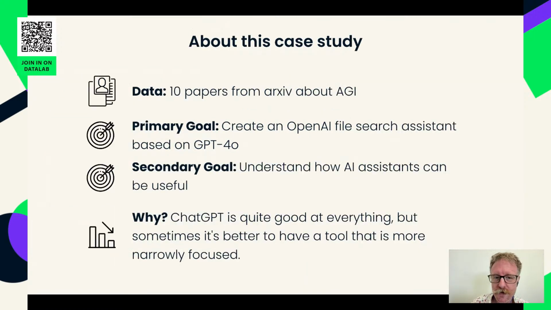All right, so what are we doing today? I found 10 recent papers on the arXiv free journal paper forum about artificial general intelligence. Artificial general intelligence is the idea that you have AI that is as good as or better than humans at doing tasks, but because it's general, it's about doing all tasks. We have AI that is better than humans at specific tasks.